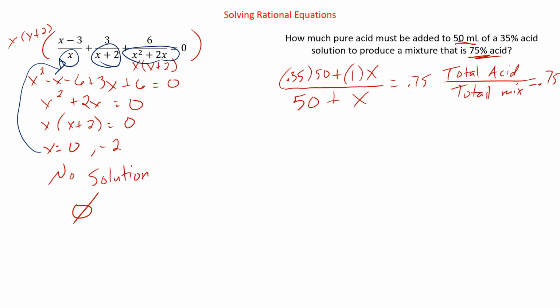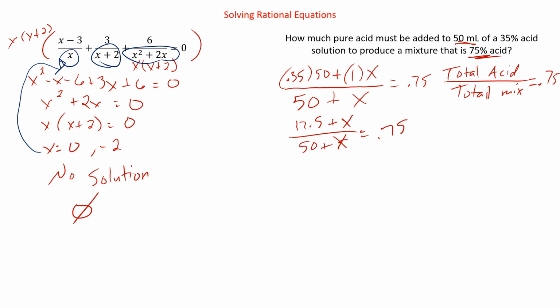So now we can do some calculations here. 0.35 times 50 is going to be 17.5. So we have 17.5 plus 1 times x is x over 50 plus x equals 0.75.